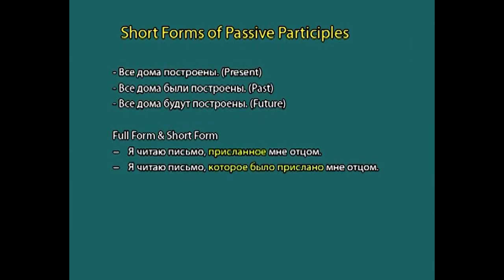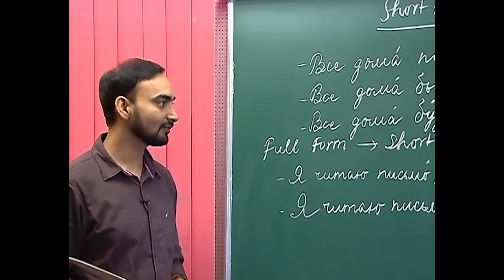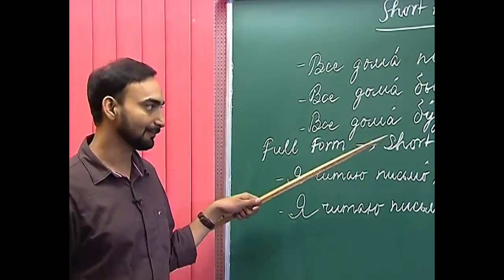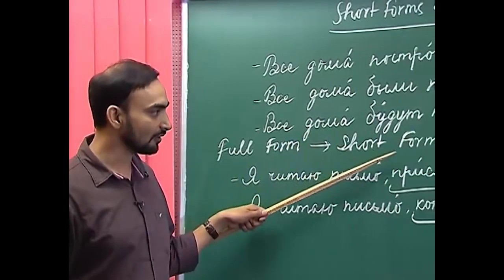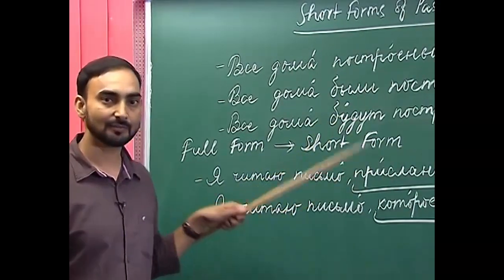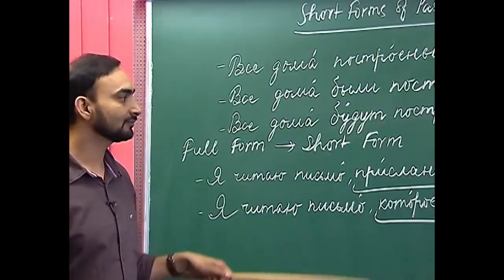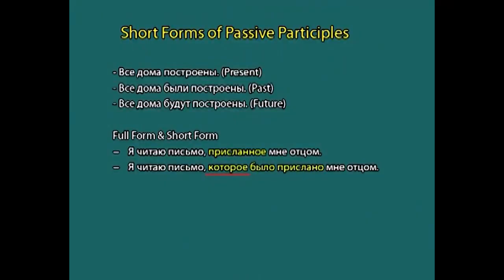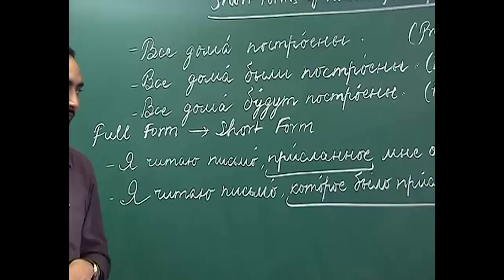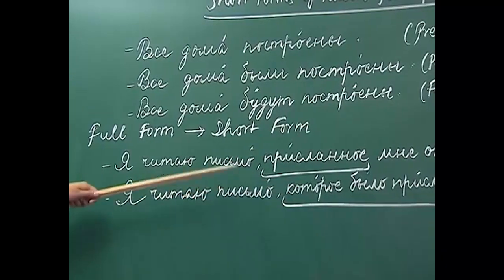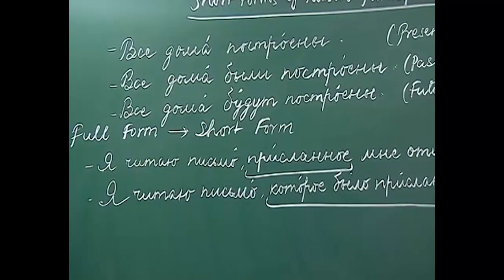Now, one more important point here is that you can replace the full form of the past passive participle with the short form of the same participle using the word который. So, how do we do that? Let us look at the example.